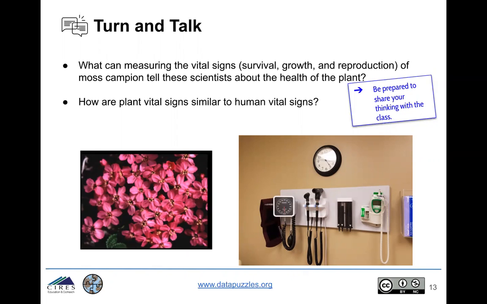Perhaps this feels redundant for you right now, but we think for students, it's really important to keep making these connections between what the scientists are doing in the field with plants and what they experience in a doctor's office. It's really important to create that baseline, to measure these vital signs year after year, to monitor for changes. These are questions that aren't included in the student worksheet, but you yourself would facilitate some conversations, whether that's with whiteboards, in the student notebook, think, pair, share, whatever strategies you'd like to use to make those connections.